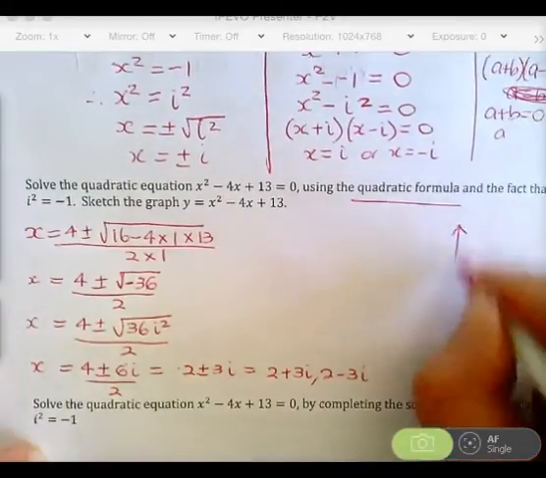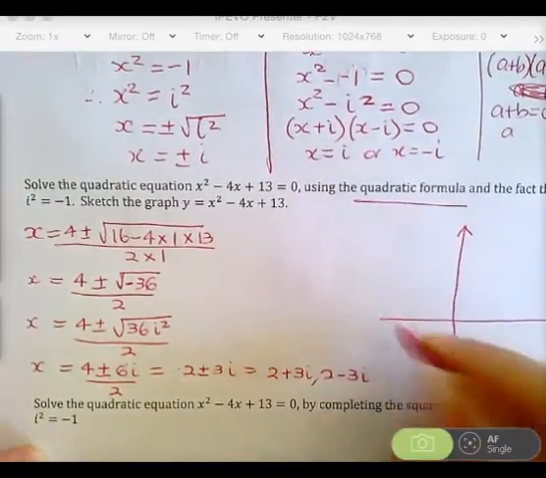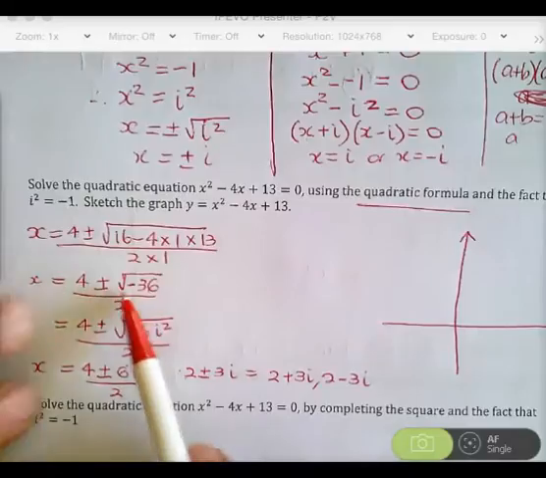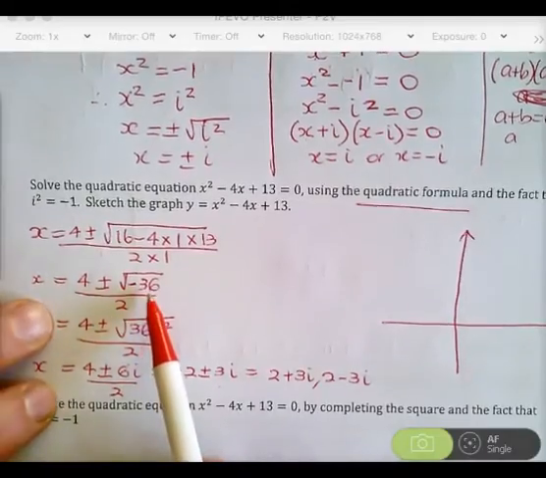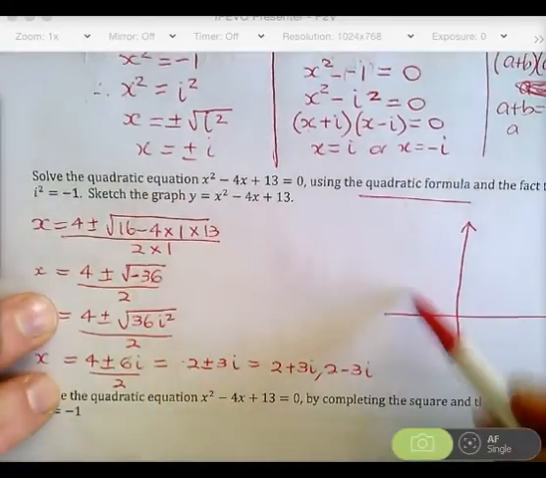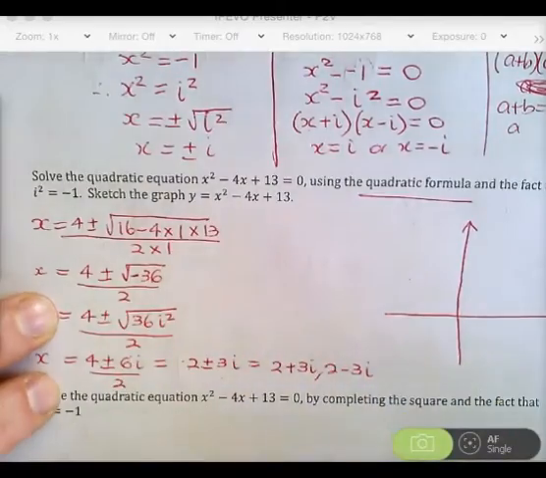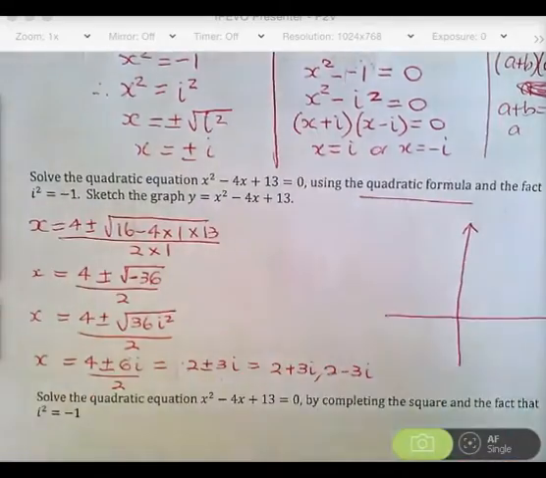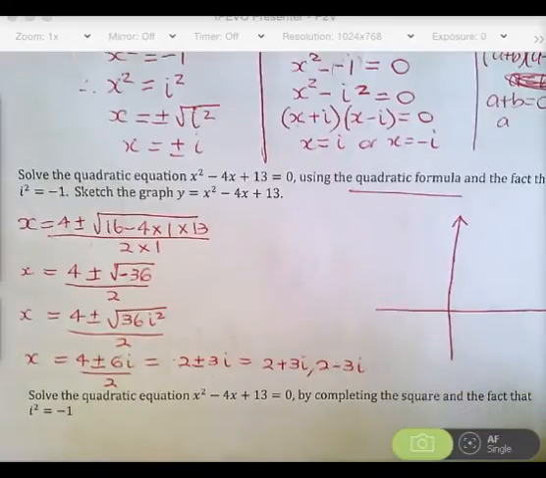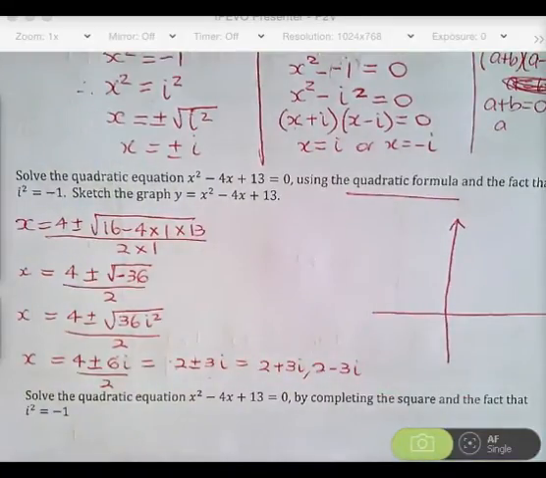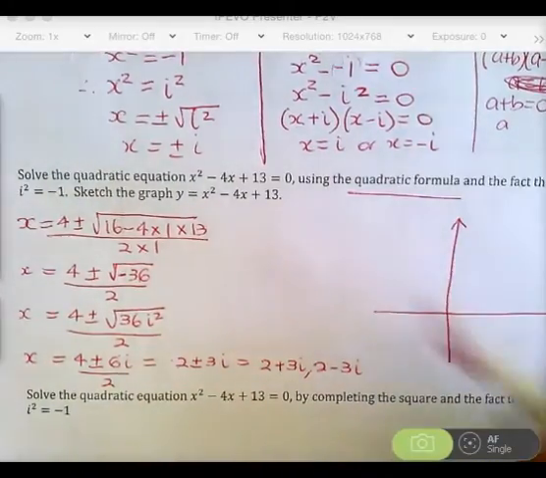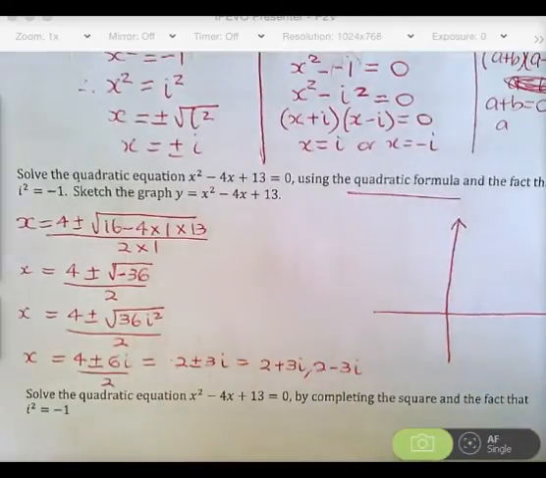So if I actually want to sketch this graph, we know, because the discriminant is negative 36, that there are no real roots. So it's not going to cut through here. I can't factorise it. Remember, if it doesn't cut through the x-axis, you can't factorise it.